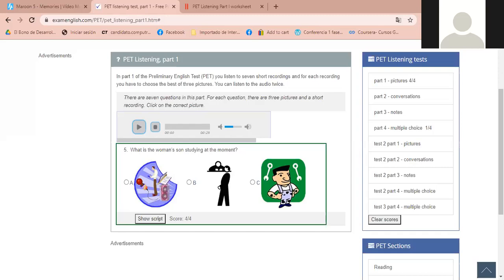Entonces se dice que el literal A es correcto porque está todavía en ese momento estudiando. En ese momento él está estudiando. Algo que nos guía, ¿no?